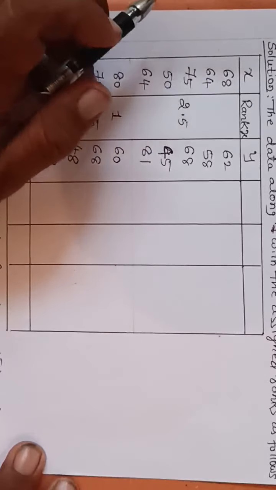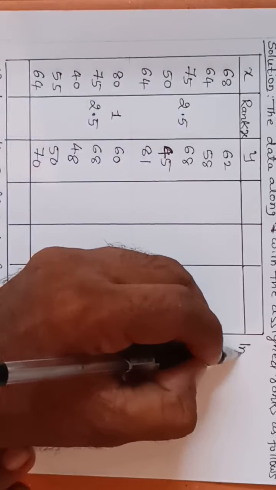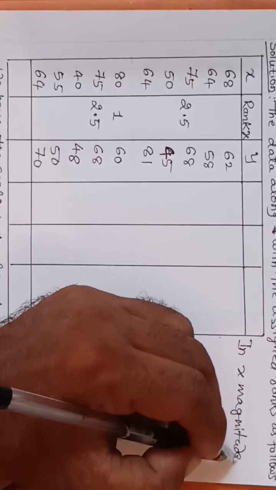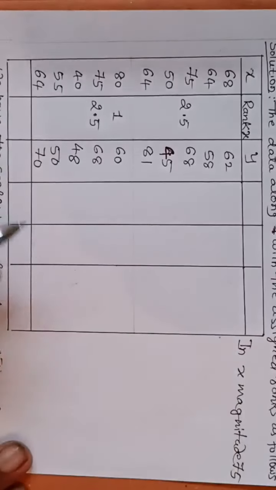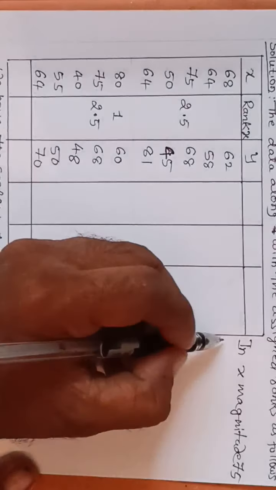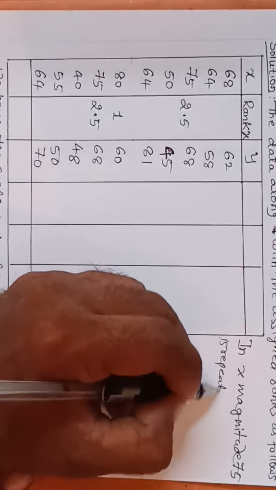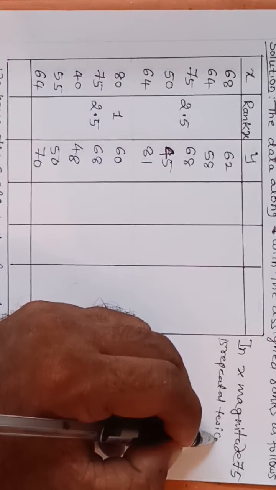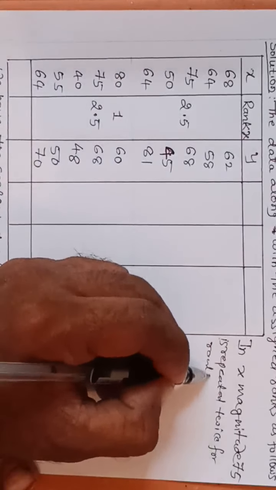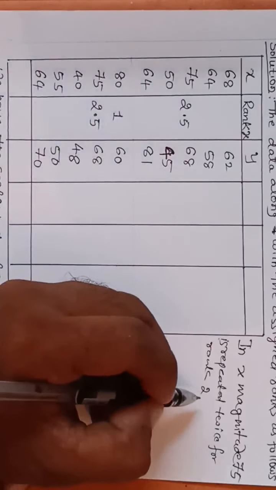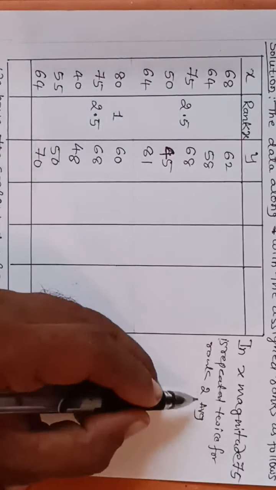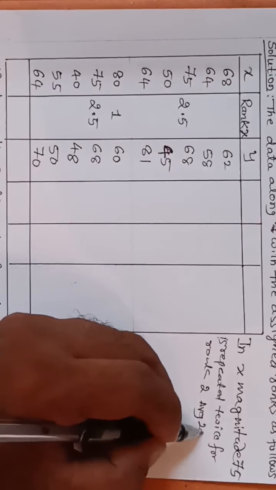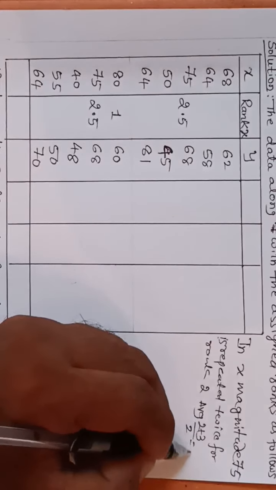Next, 75 is distributed in two ranks. In the X magnitude, 75 is repeated twice, for ranks 2 and 3, so the average is 2 plus 3, 5, divided by 2, which is 2.5.